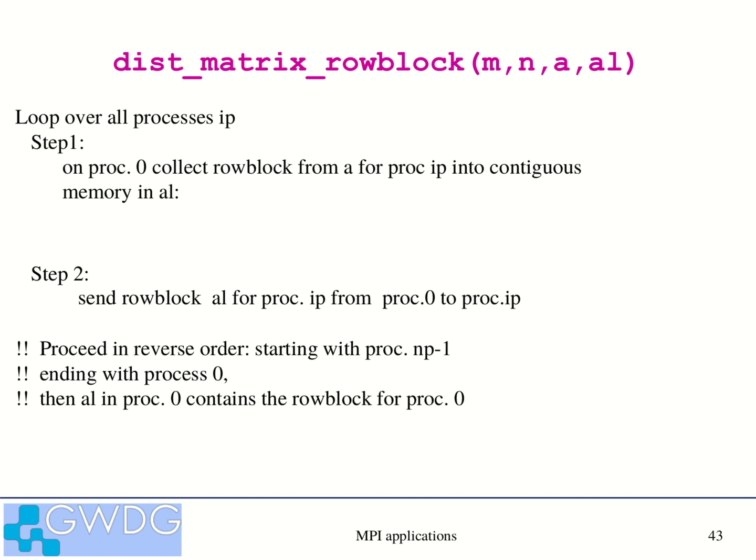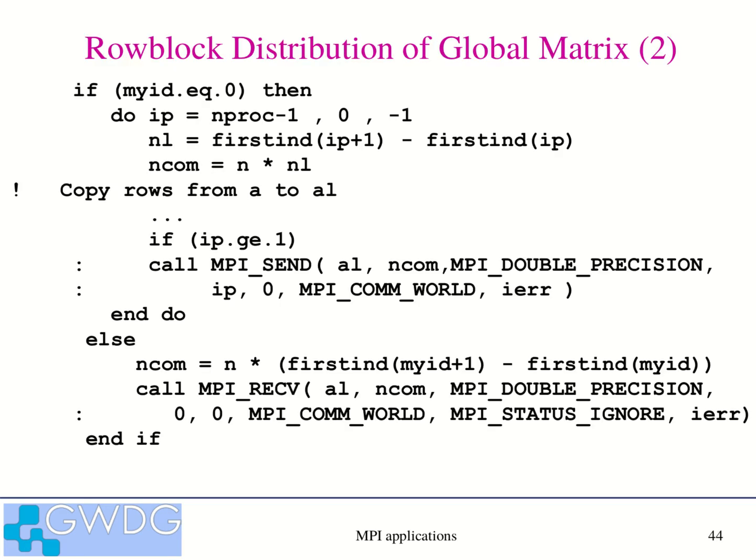And you proceed in reverse order so that in the end you will have the AL which you need on process 0 containing its proper matrix values, the row block. So this is a way this can be done.